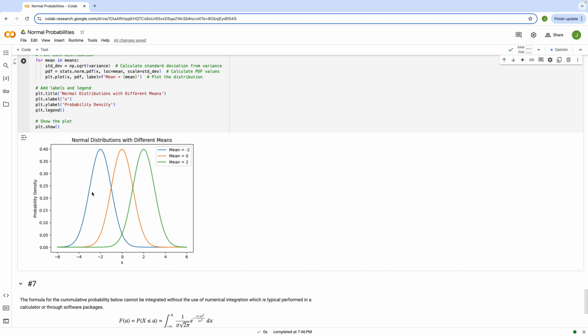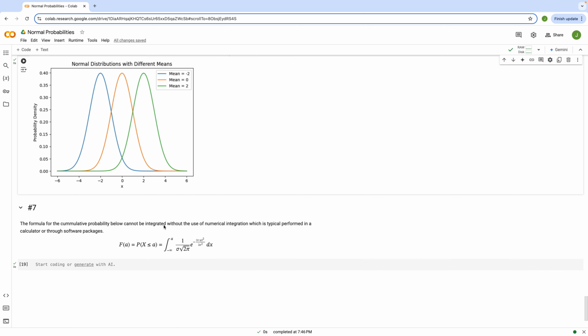The second thing is that changing the mean changes the location but not the shape of the distribution. So shifting it from -2 to 0 to +2 is what these series of graphs illustrates, but they all have the same general shape because they have the same variance. So the variance adjusts the shape but not the location.